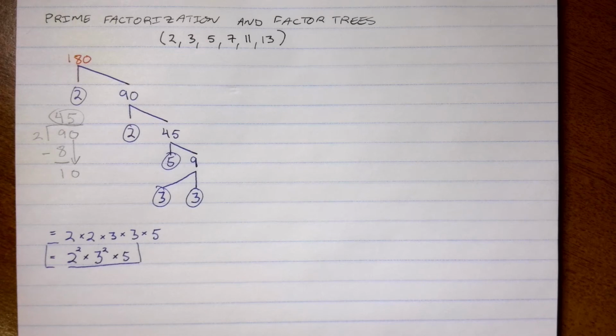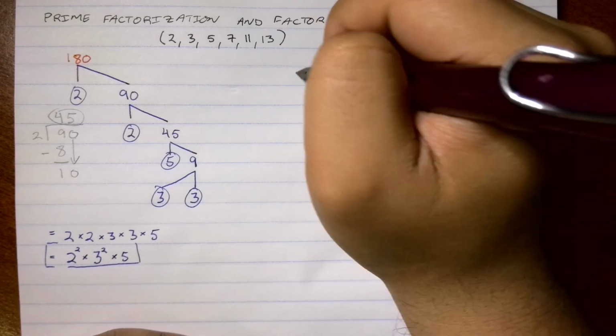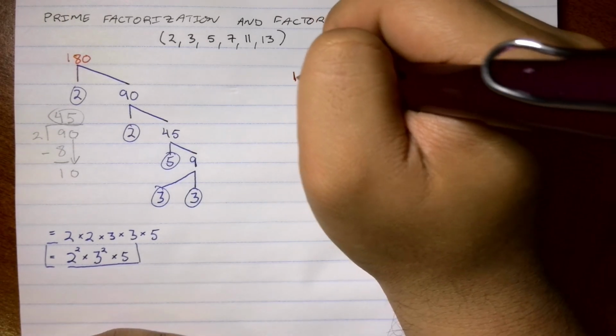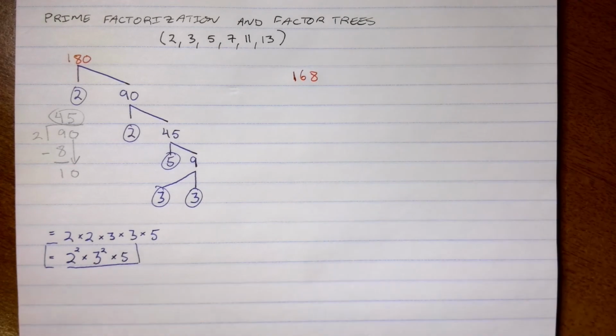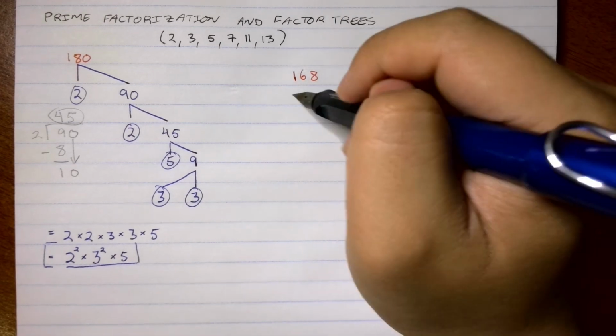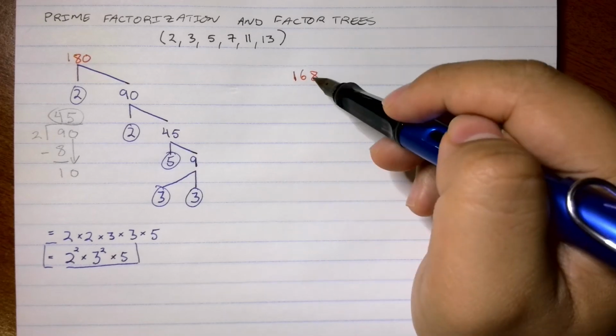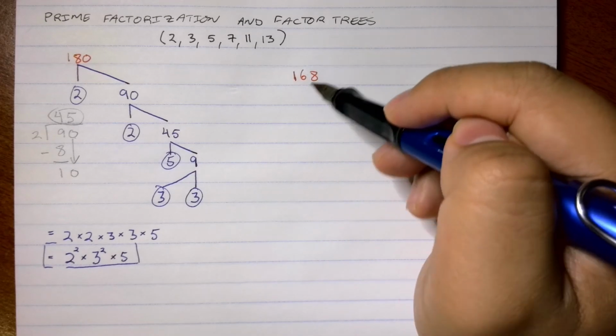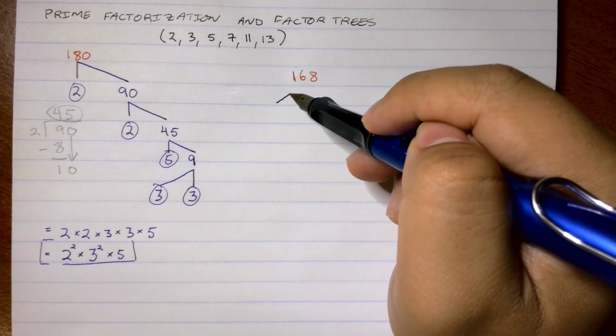Let's do this process again one more time. The number 168. Here we go. 168 is divisible by 2 because that number 8 can be divided by 2.